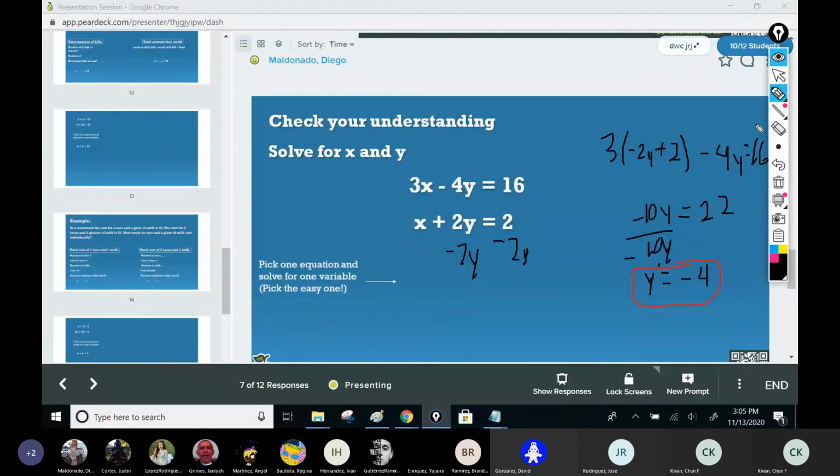Hey, Justin, I think you're kind of rushing. Look, after you solve this part, you should get negative 6y plus 6 minus 4y equals 16. And then combine the like terms right here.